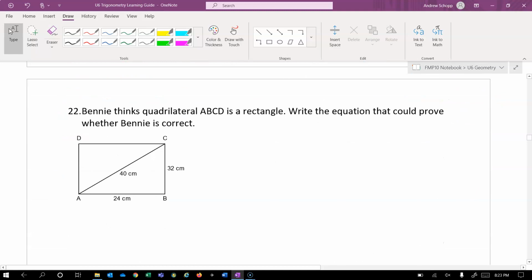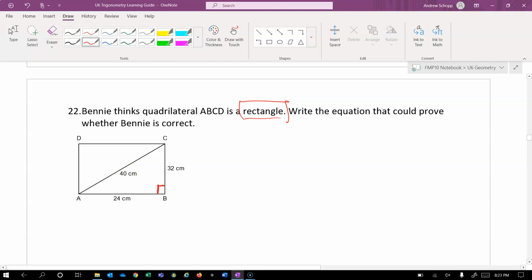Number 22, Benny thinks quadrilateral ABCD is a rectangle. Write the equation that could prove whether Benny is correct. So how do we determine if it's a rectangle? Well, if it's a rectangle, we would need to know that this angle here is a right angle.